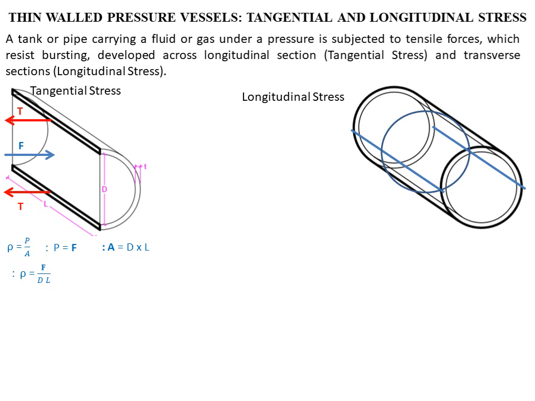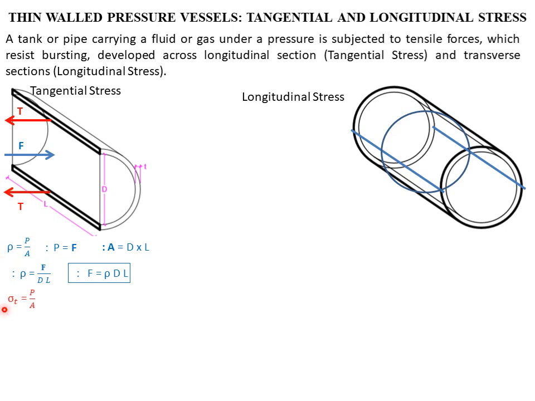From the formula pressure is equal to P over A, we can say that pressure is equal to F divided by the area, which is the diameter multiplied by length. So F is equal to pressure multiplied by the diameter times length. Okay, so this is the value for F, and now let's compute the value of T.